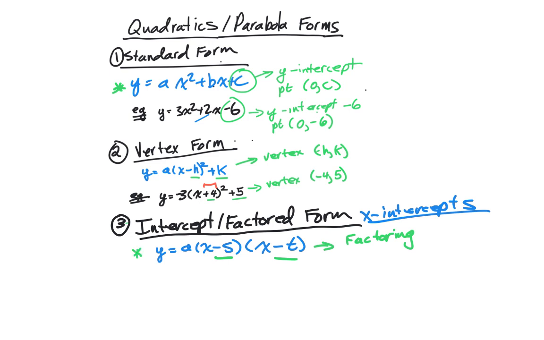And with this factoring, you get these things called roots, otherwise known as zeros. In this case, our zeros are s and t. Now this tells us that our points are given by the values (s, 0) and (t, 0).